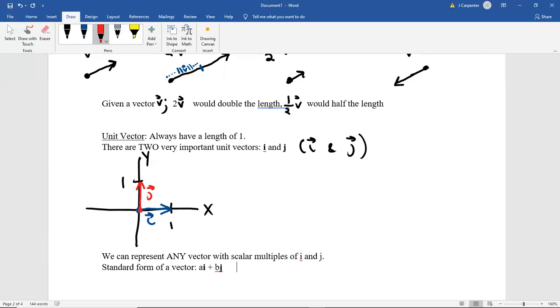For a, the x component, and b is the y component, of the original vector, bolded v.